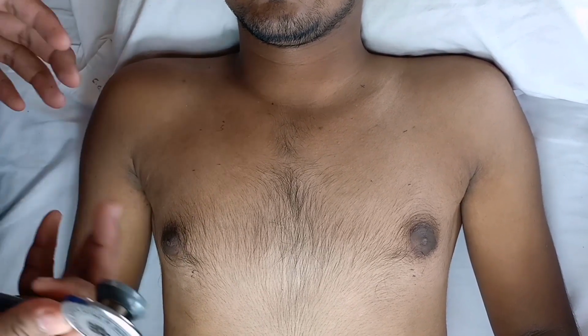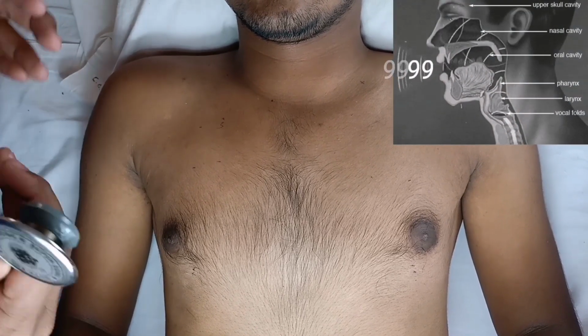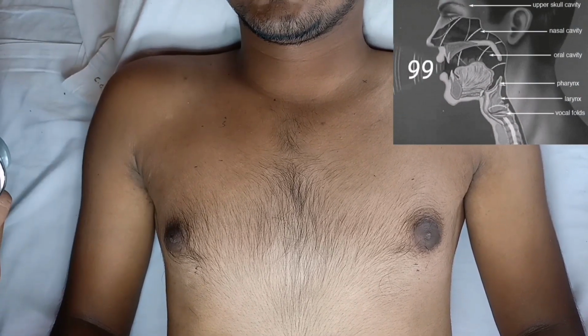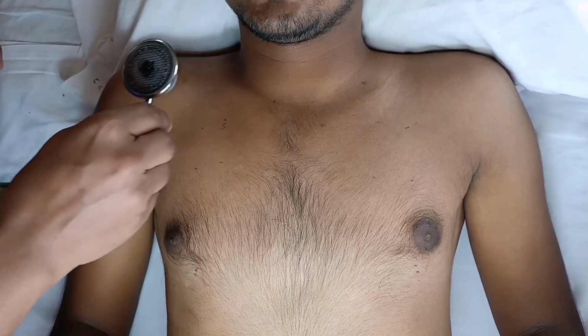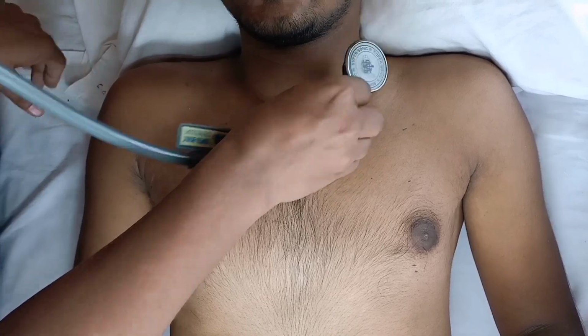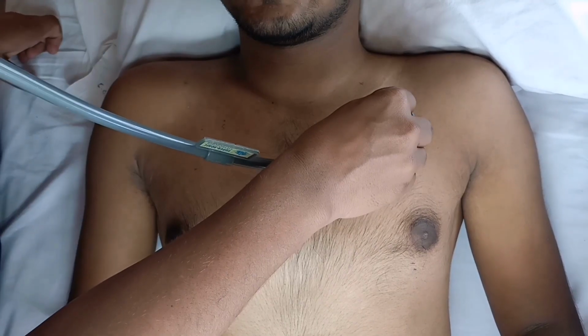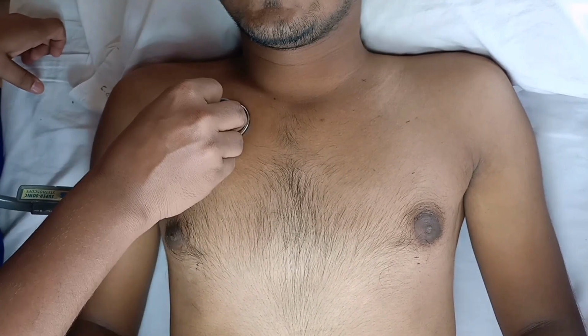After assessing the lung sound, instruct the patient to say 99 when the stethoscope is placed on the chest. Mr. Ajay, please say 99 every time when I place a stethoscope on your chest. Yes, sir. 99, 99, 99.